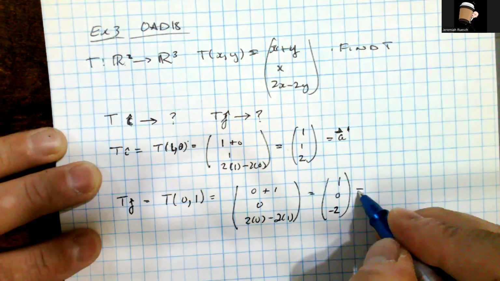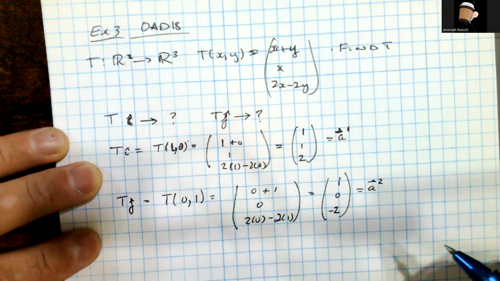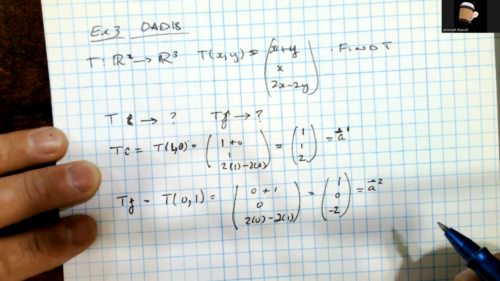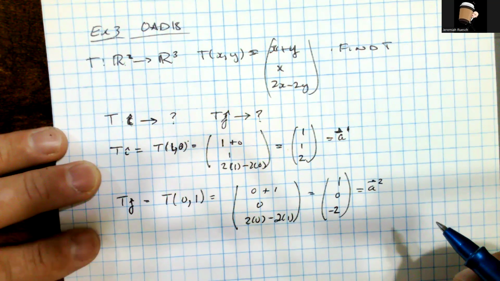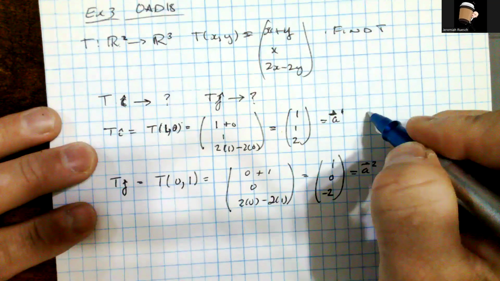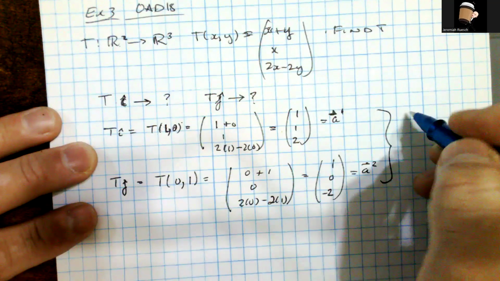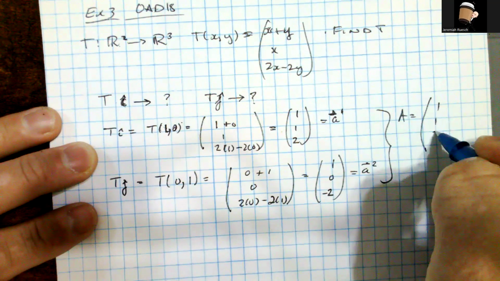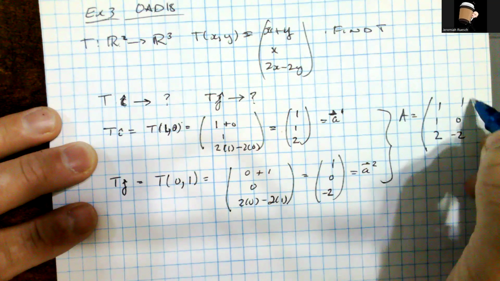And this is nice because that tells us the second column of our transformation matrix A, A2. So putting these two together, our transformation matrix is going to be 1, 1, 2, 1, 0, negative 2.